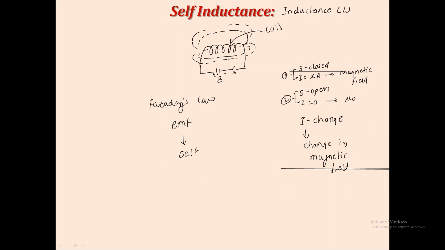How can you write the equation for this induced EMF? E is equal to N d phi by dt. Out of that, d phi by dt is the rate of change of flux. If it is multiplied with N, then it is called the rate of change of flux linkage, because the product of N and phi is called flux linkage.